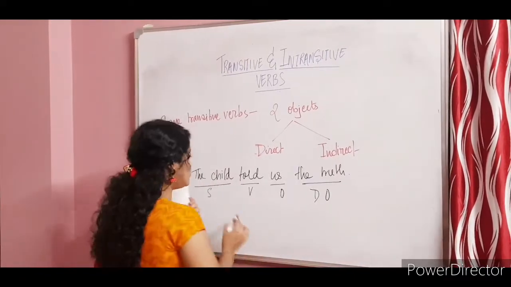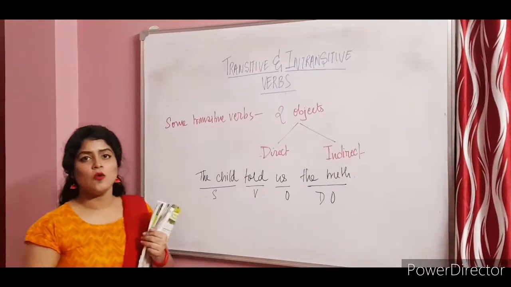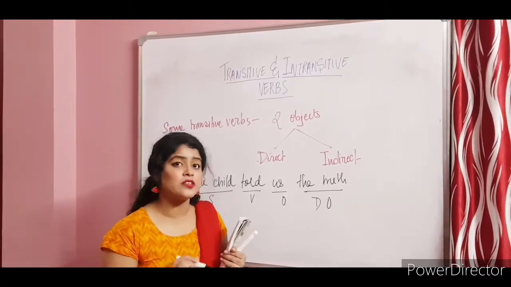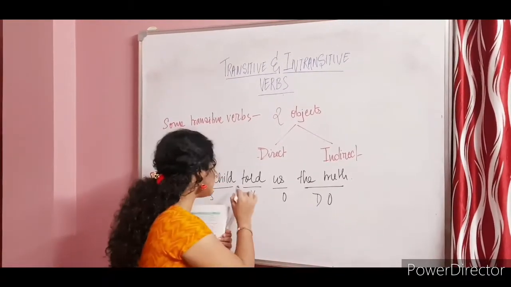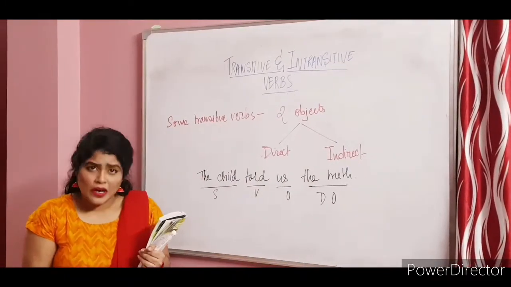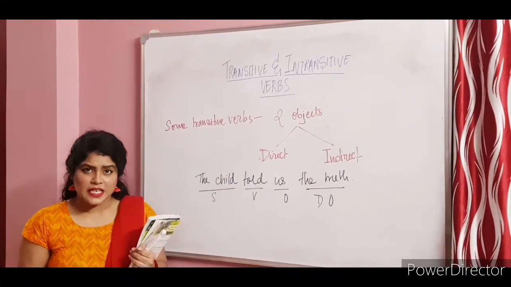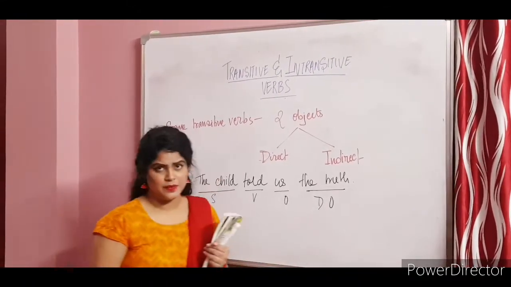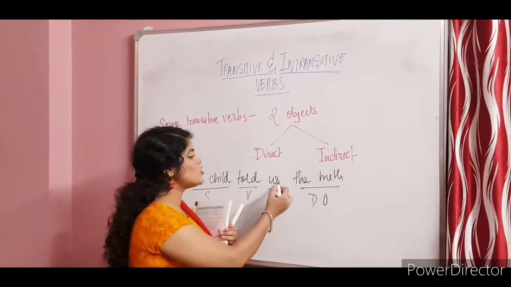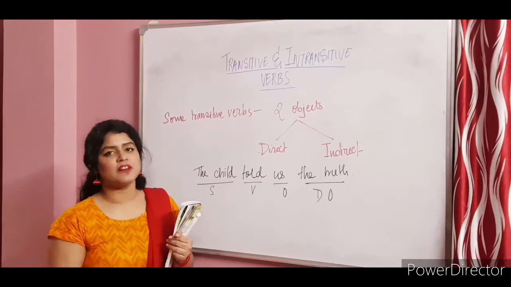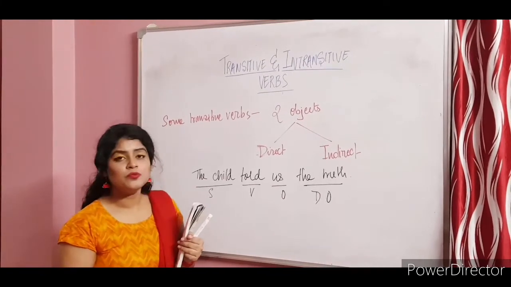Even if we say the child told us, what did the child say? Still we are in need of another object, right? If I say the child told the truth, this makes complete sense. The one object that makes complete sense when added to the verb is the direct object. And this other one is just to be specific, to specify to whom he said it.